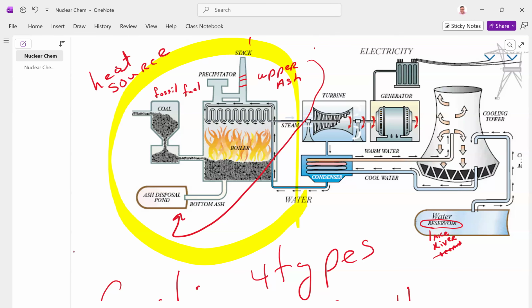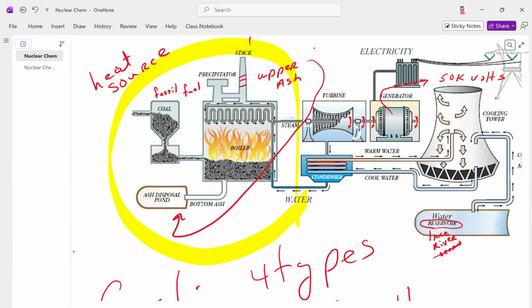The steam is blown into a turbine, a gas turbine. That turbine spins quite fast. It turns a generator. The generator produces electricity, and that electricity is jacked up to 50,000 volts over high tension wires and carried away.